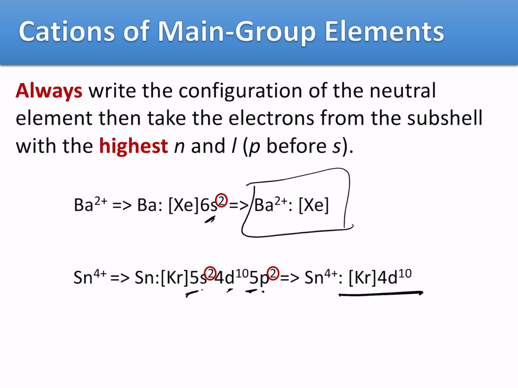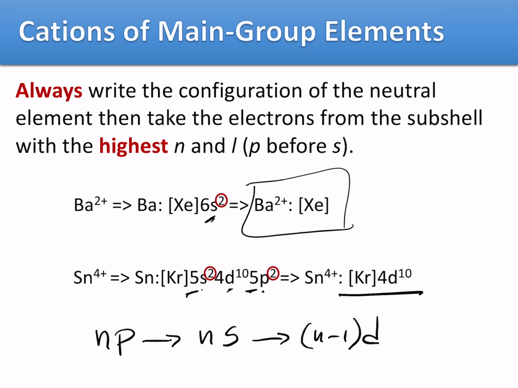All I want you to keep in mind is that when you are taking electrons to form a cation, first you go to the np, then you move into the ns, and last, if you still need to take electrons out to form the cation, then you go to the (n-1)d.